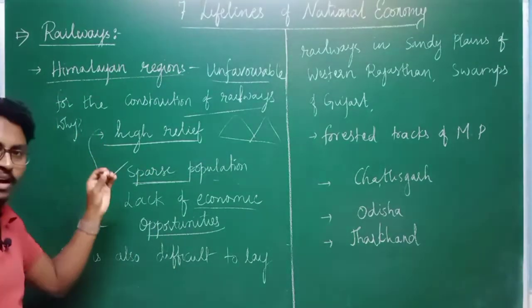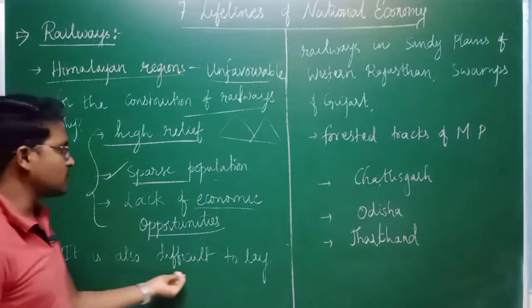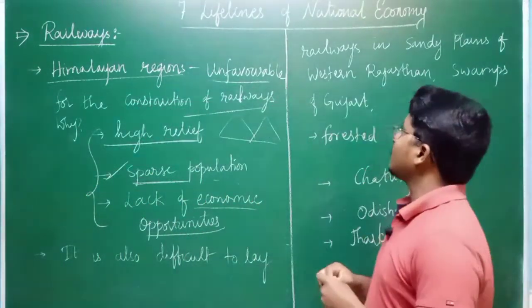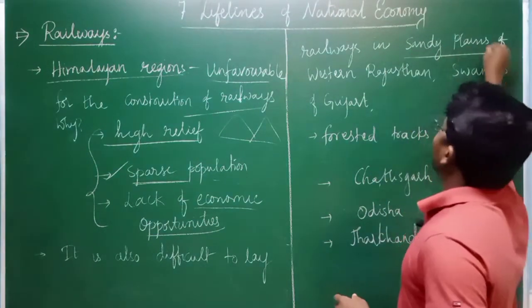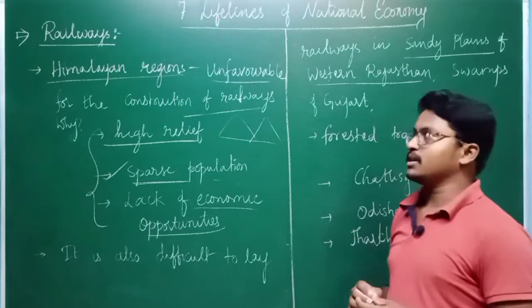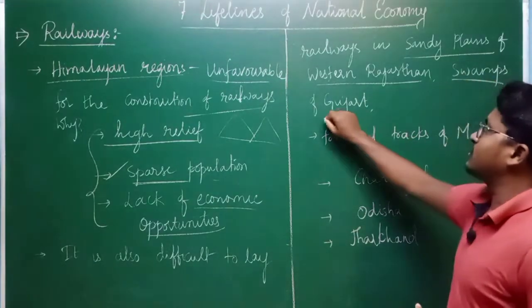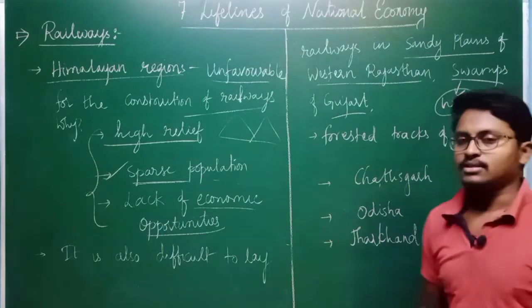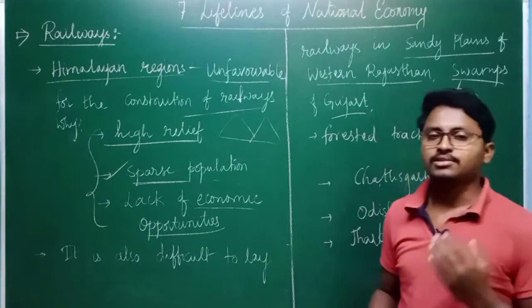Not only the Himalayan region, there are some other places also where it would be very difficult for the railways to construct. So what are these places? You can take the sandy plains of western Rajasthan, which are completely covered with desert. Then the swamps of Gujarat. Swamps means the area which is completely wet throughout the year; we also call them marshy lands.